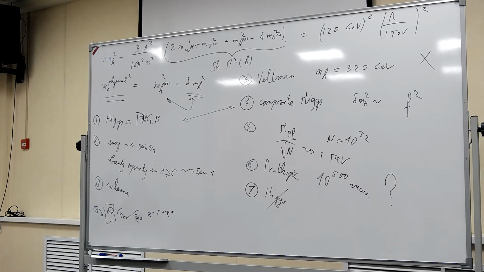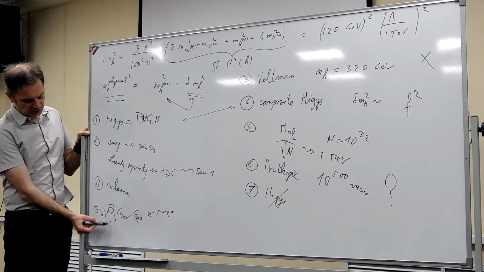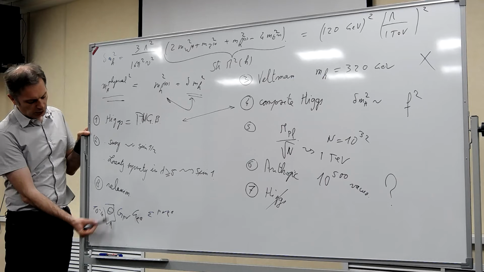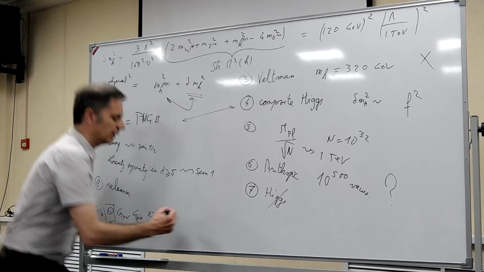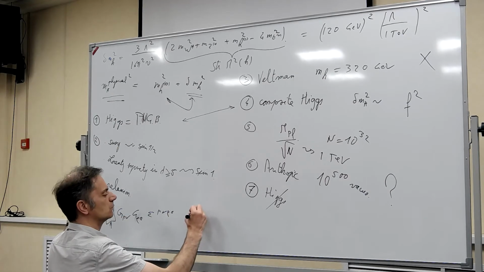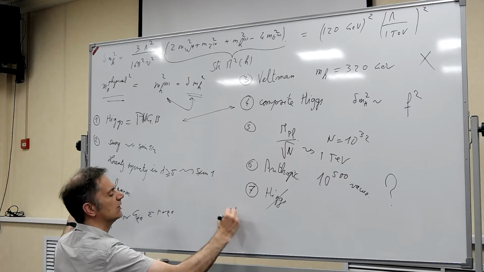Okay, so many solutions, but maybe I can still add one. People have also considered the possibility that the standard model actually is scale invariant. Gleb discussed scale invariance, Weyl rescaling, etc. And the idea was to say, okay, maybe the standard model itself is a scale invariant theory.